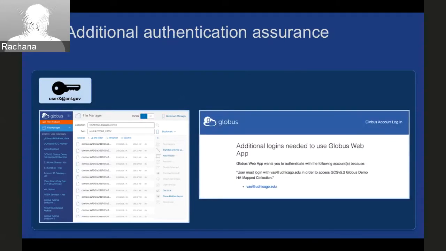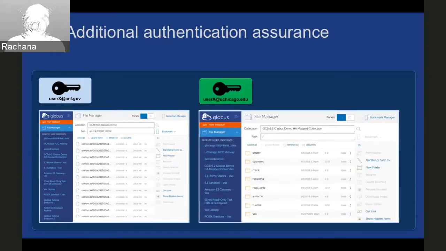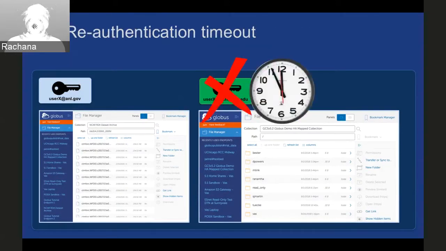Globus automatically redirects the user to their login. So the user authenticates with the University of Chicago credential, and they have access to the high assurance collection, right? Now, like I said, there is an authentication timeout. Which means if the user hasn't authenticated within that timeout, they would have to authenticate again for continued access.